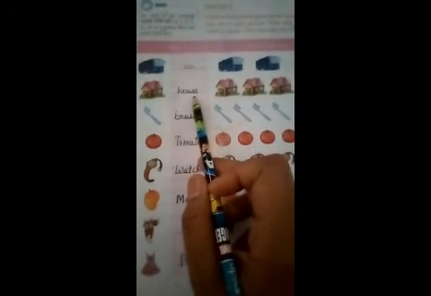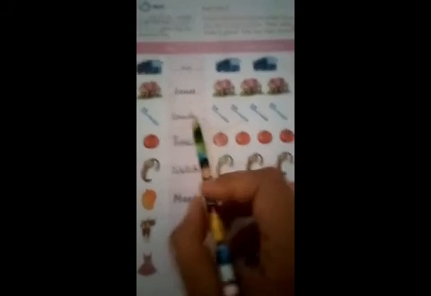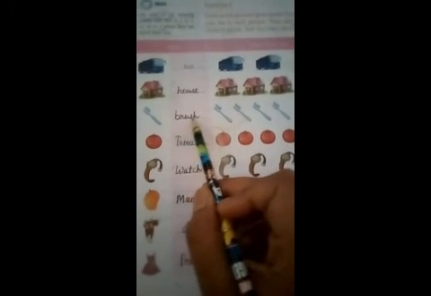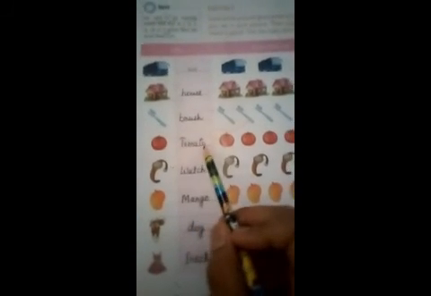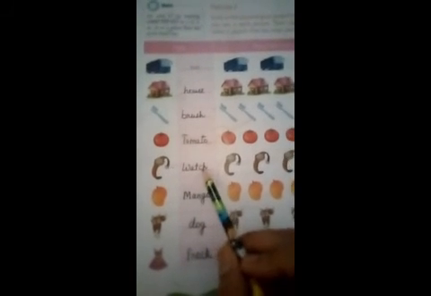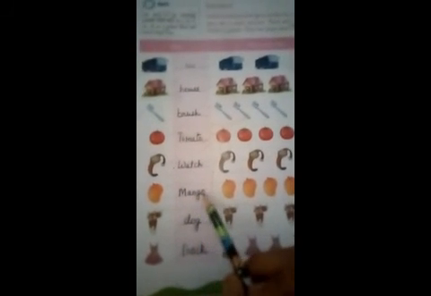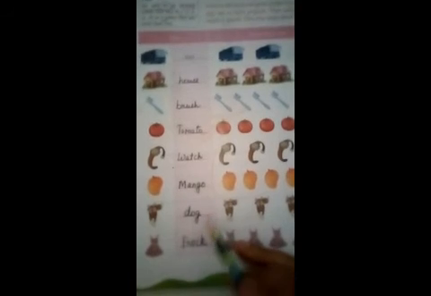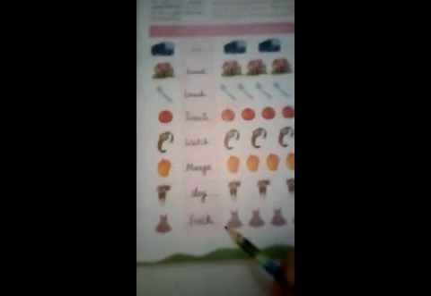This spelling is singular, you need to make it plural. So you have to identify whether you need to put S or ES to make it plural. This is brush, tomato, watch, mango, dog and frog.